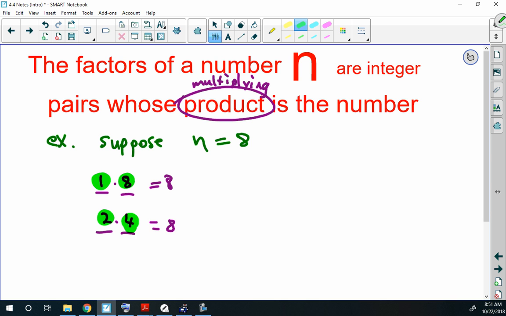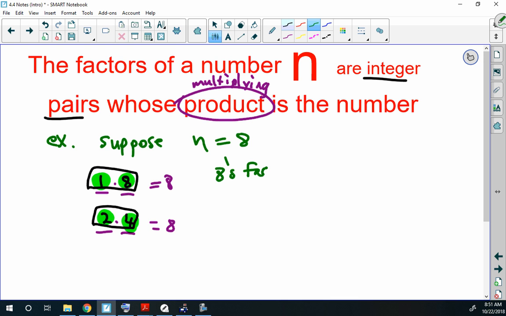Now, it's interesting because I define this using this phrase, integer pairs. So one pair of integers that multiplies to be 8 is, of course, 1 and 8. And another pair is 2 and 4. Okay? So we would say then that 8's factors are the following numbers: 1 and 2 and 4 and 8.